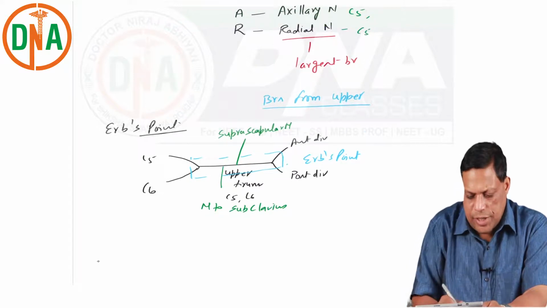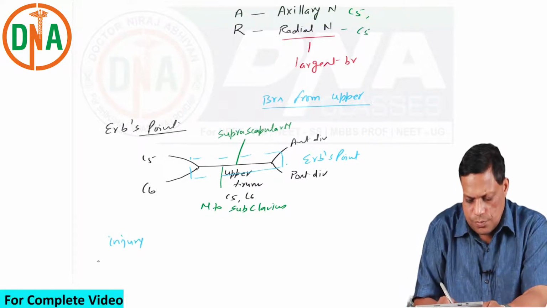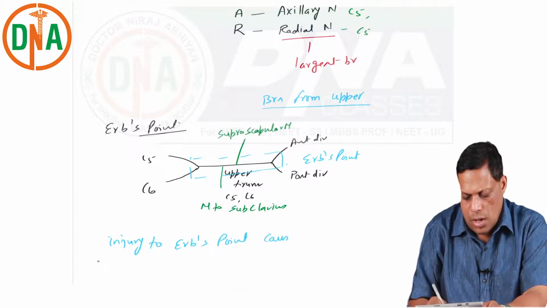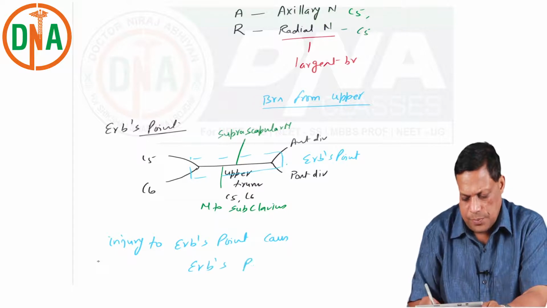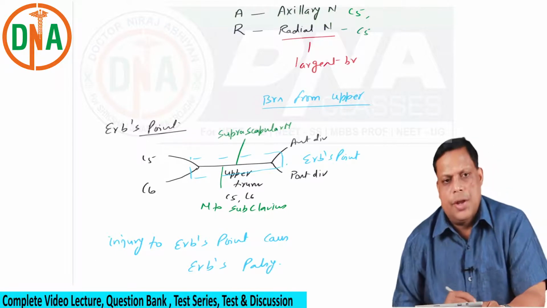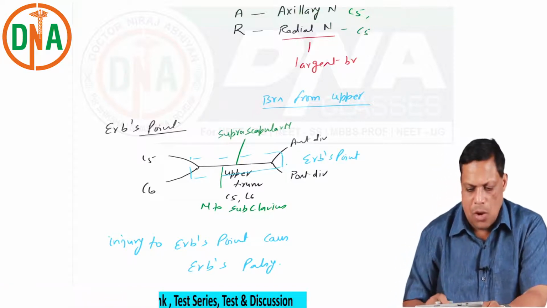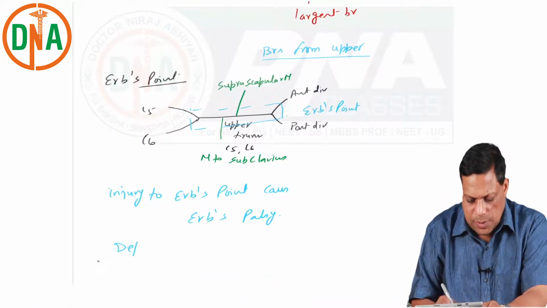Injury to AIIMS point leads to AIIMS palsy. Injury to AIIMS point, it causes AIIMS palsy. What is the deformity in AIIMS palsy?